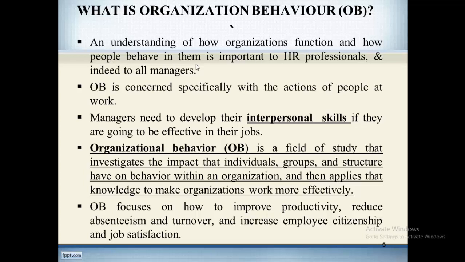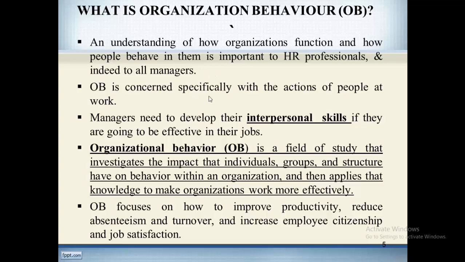This is very important because if the manager is incompetent, incapable of dealing with the people properly, then it will harm the productivity of the organization.